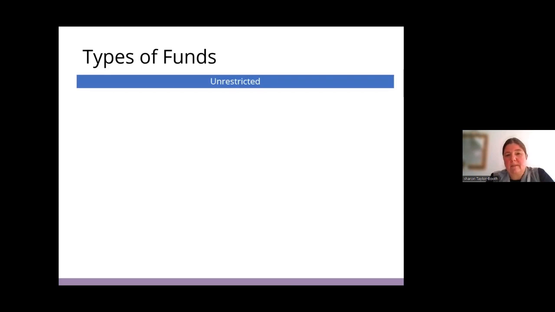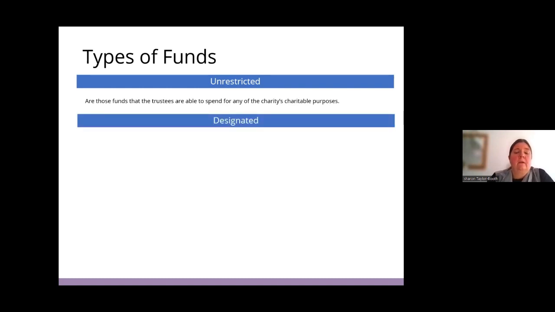The first type is unrestricted funds. These are the funds that the trustees are able to spend for any of the charity's charitable purposes. We then go on to designated.